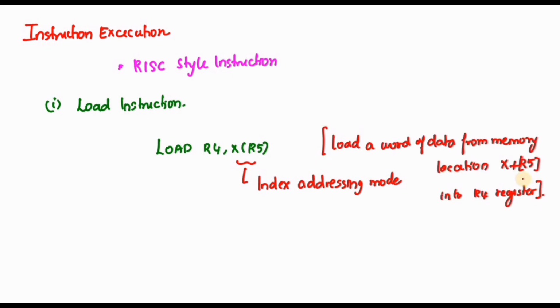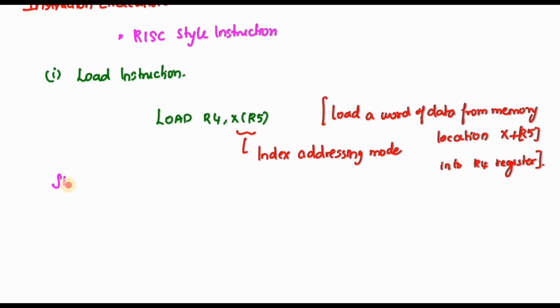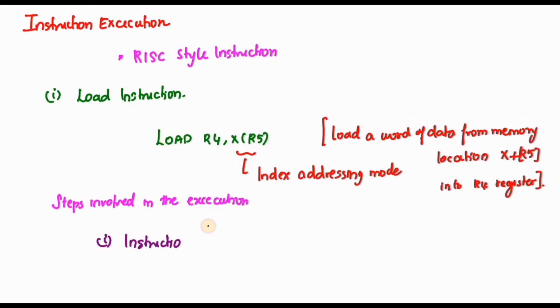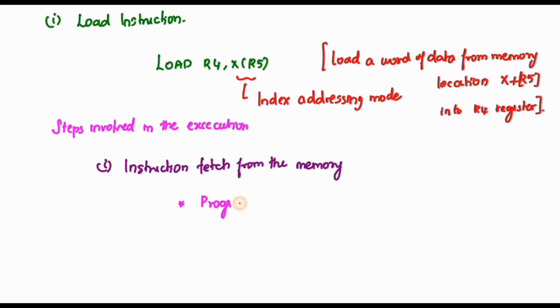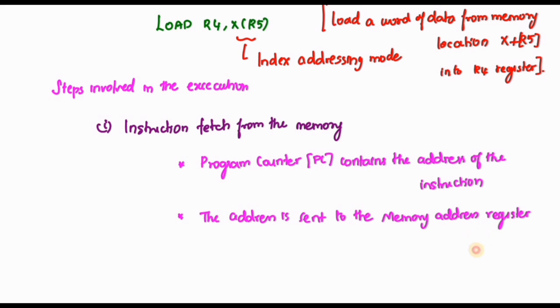So what are the steps involved in the execution of this instruction? The first step is instruction fetch from the memory. First, the program counter PC, which contains the address of the instruction load R4, x of R5, is sent to the memory address register, which is defined as MAR.